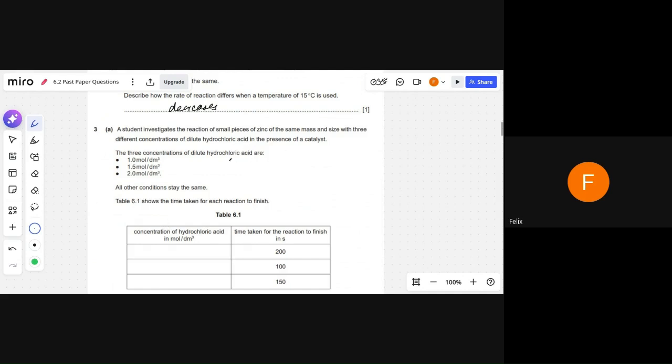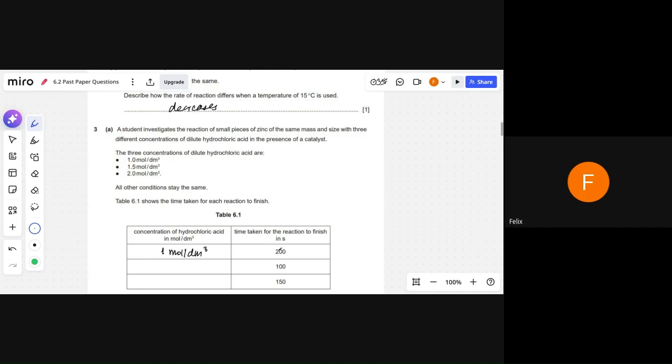A student investigates the reaction of small pieces of zinc, and table 6.1 shows the time taken to finish. So concentration, yeah. You can see that if it is taking the most time, 200 seconds, it is going to be the least concentrated, so it will be 1 mole per dm cubed. And now it's 100, so it is the least time.